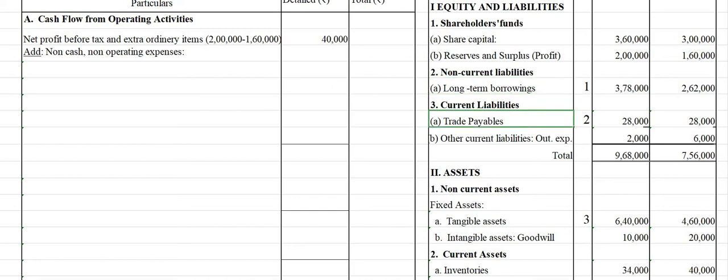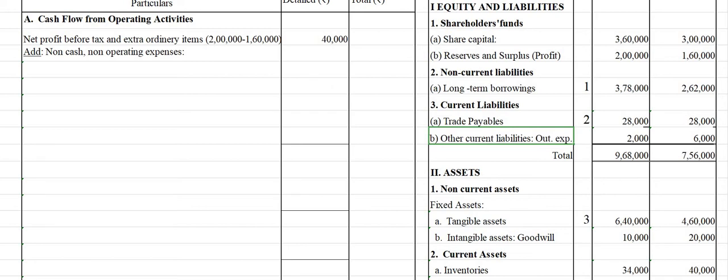Trade payables will come in changes in working capital. Then other current liabilities, directly given as outstanding expenses. Outstanding expenses come in changes in current assets and current liabilities, that means working capital changes. So all those things will not come here.